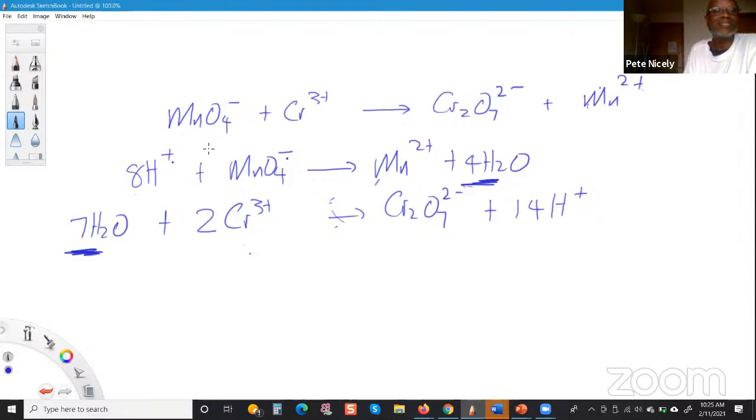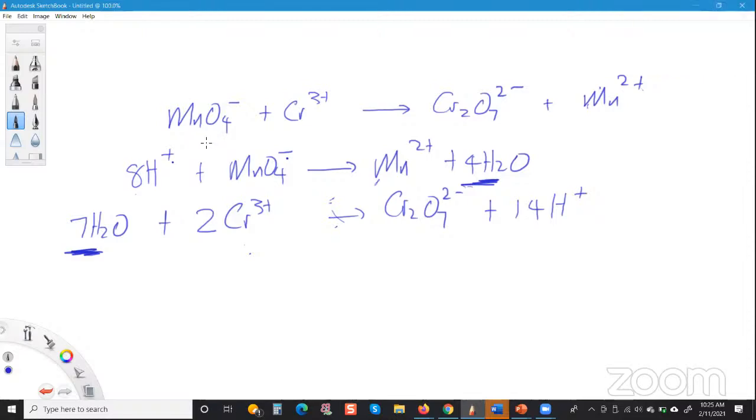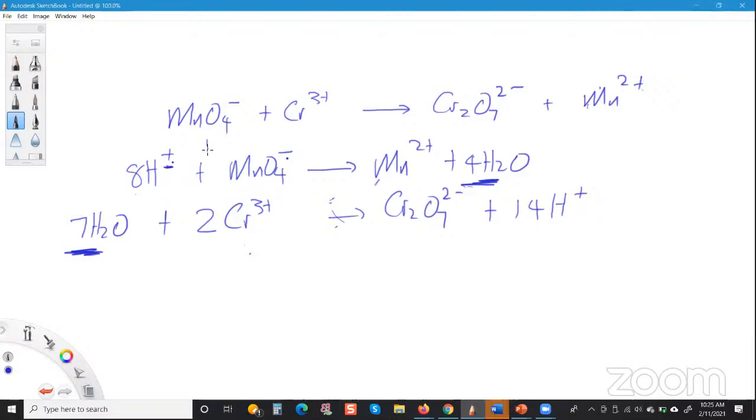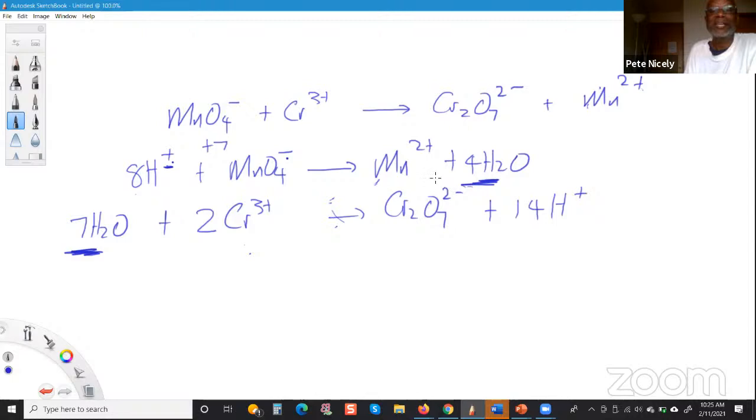So that would be a total of what? 7. Plus 7, exactly. And here we have a +2, and we have no charges for the water. So therefore, the total charge on the right side is going to be +2, right?